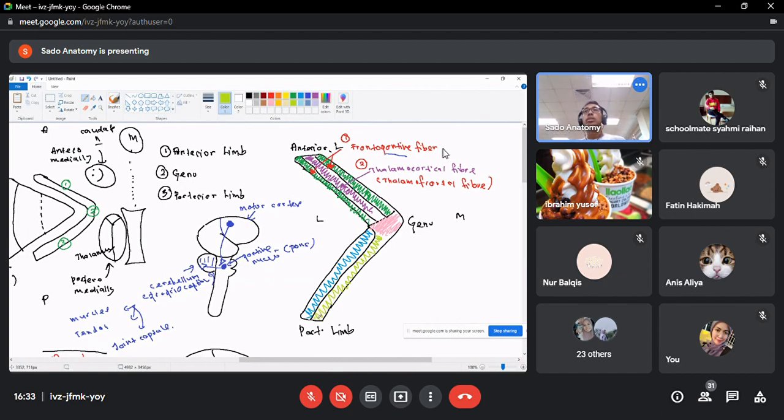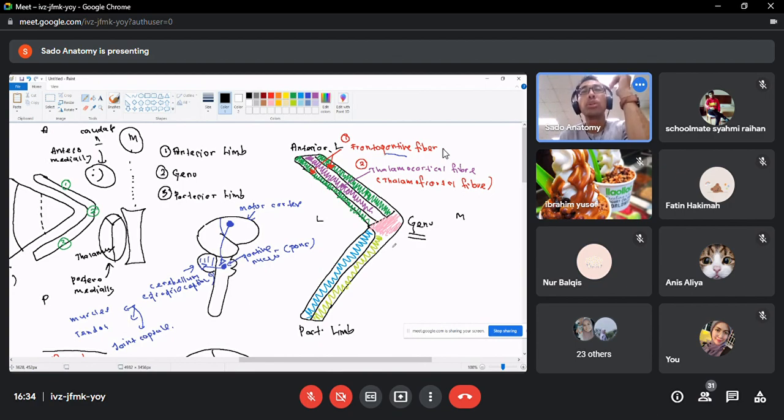Right. So now we talk about the genu of internal capsule, the joint in between the anterior limb and the posterior limb of internal capsule. Okay, listen carefully. The genu of internal capsule basically consists of motor fibers, or motor tracts, or descending tracts.